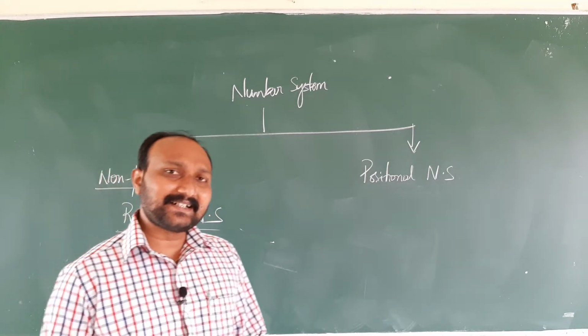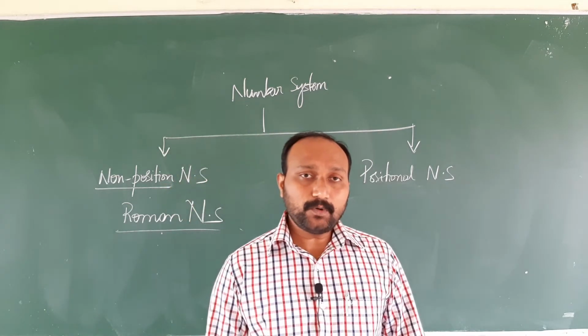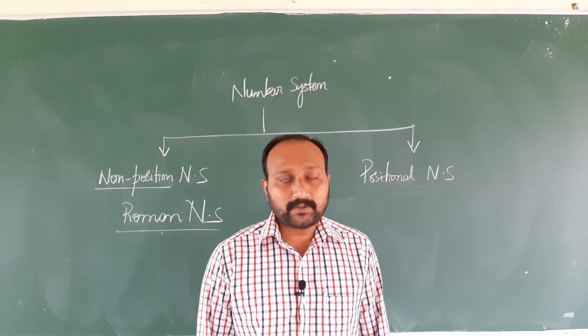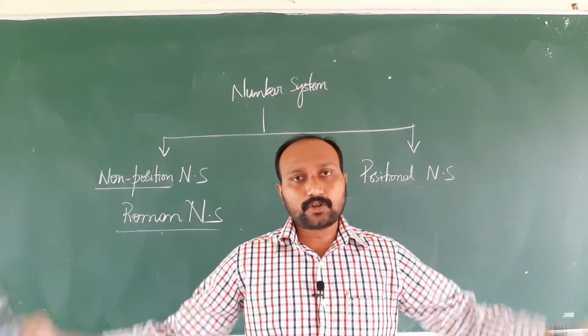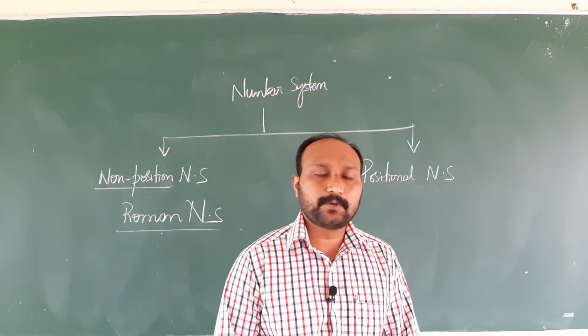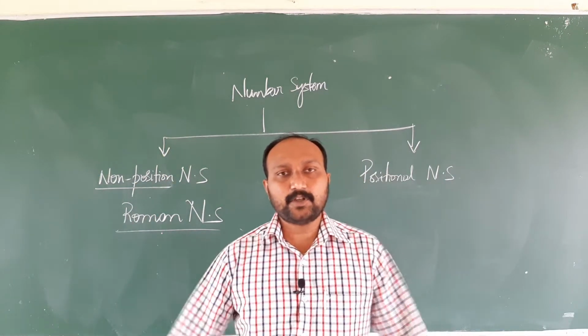But there are certain disadvantages with Roman number system. What is the disadvantage? If I want to express a very big number, is it possible? No. For example, if I want to represent 50,000, 70,000, 100 crores, that's not an easy way. I cannot go on putting these X or I so many number of times. No, it's not a feasible option.